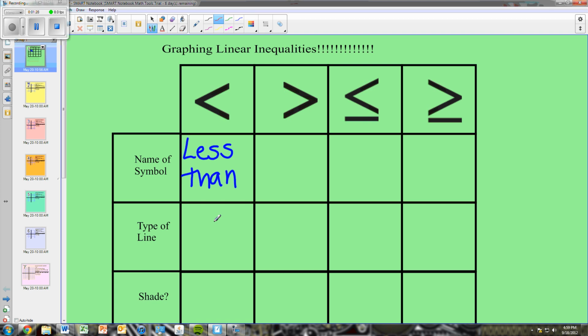The easiest thing for me to tell you is that if you see this solid line underneath it, like you see right here, then your graph is also going to be a solid line. Otherwise, if you don't see it, like on this one here, our less than symbol, then our line is going to be a dashed line.